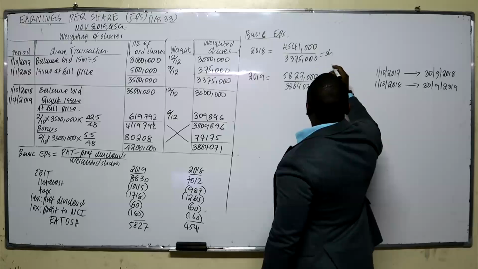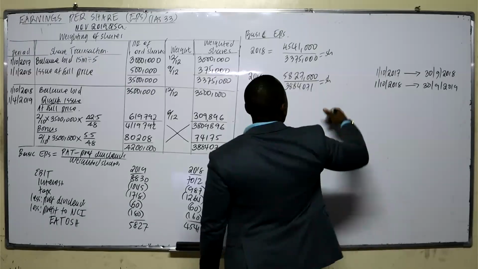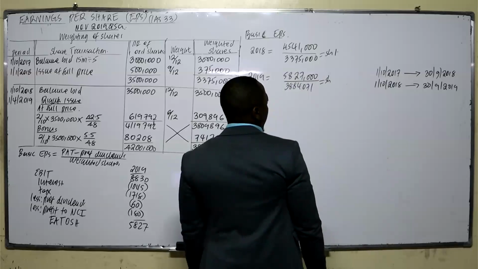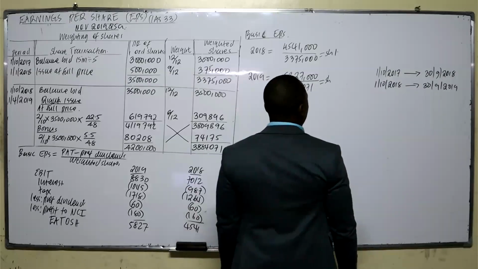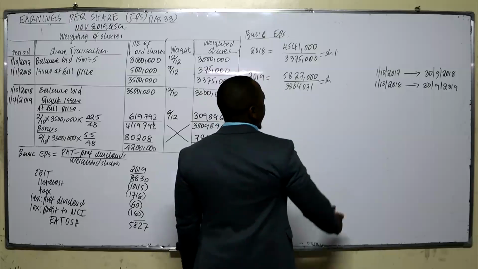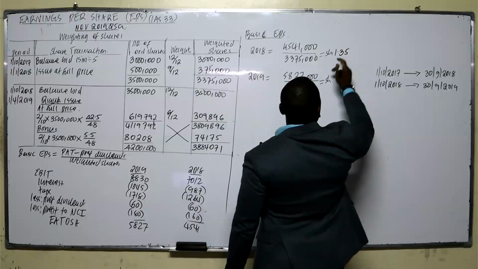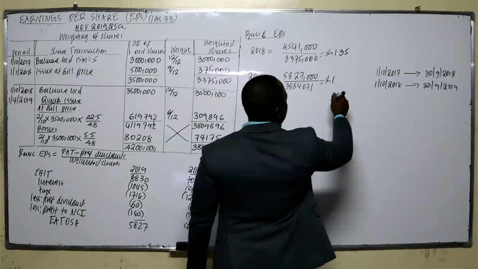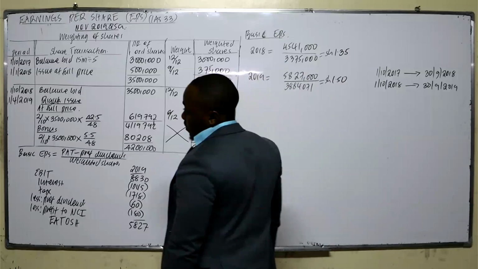Into 2 decimal places, that is 1.35. This one is 1.50. Good. Can copy.